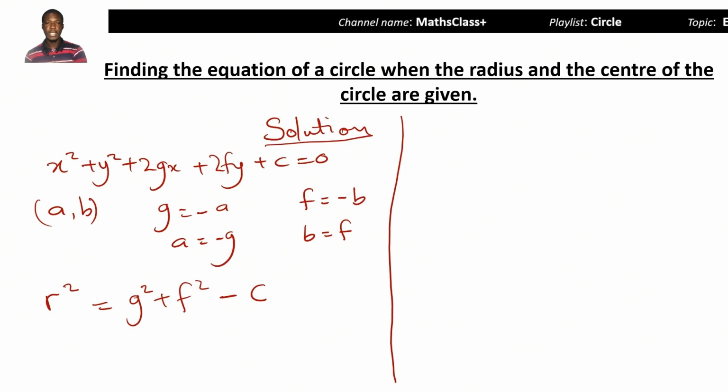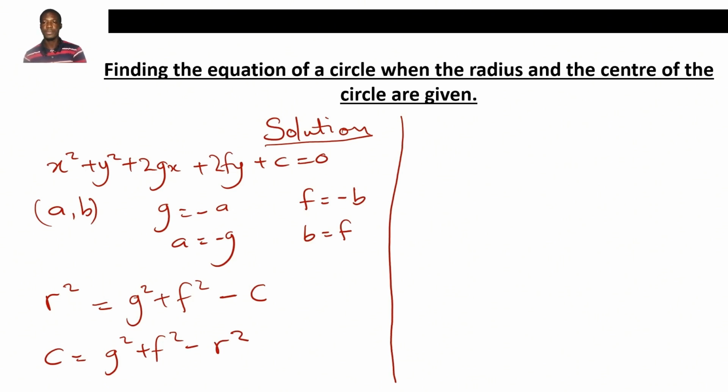And so with the radius known, we can also determine our c as c is equal to g² + f² − r². And so we will go ahead and look at some examples.